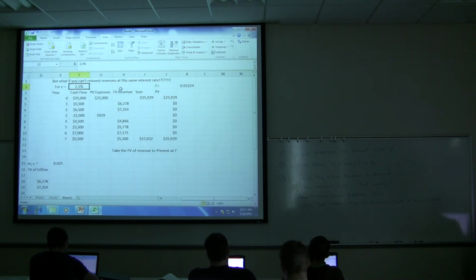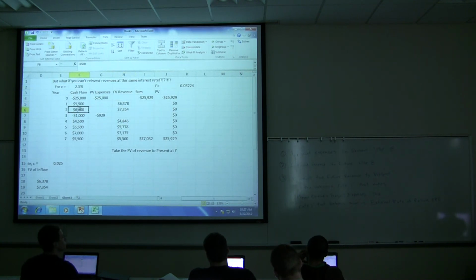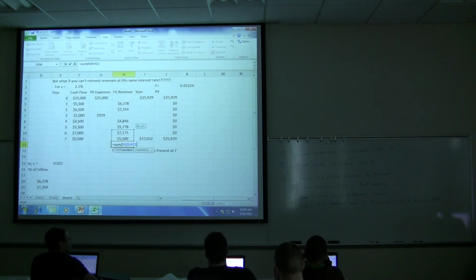So that's like the physical interpretation of these numbers. $6,500 in year 2, by the time I get to year 7, it's worth $73.54, and so on. So I can find the sum of all of those.